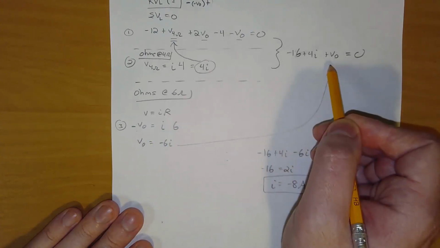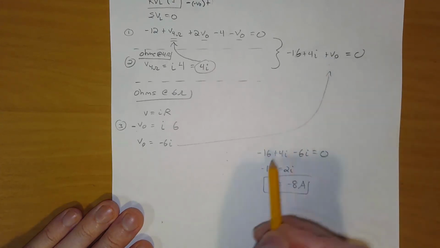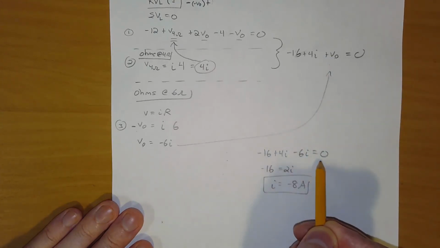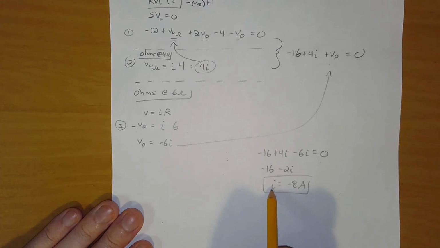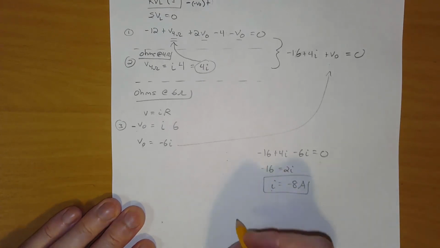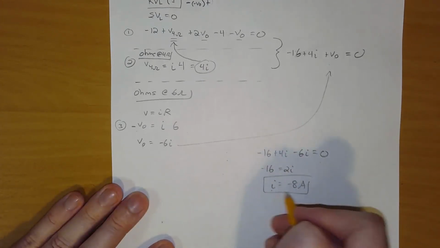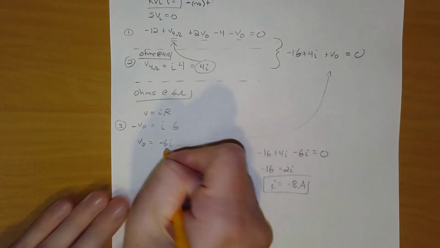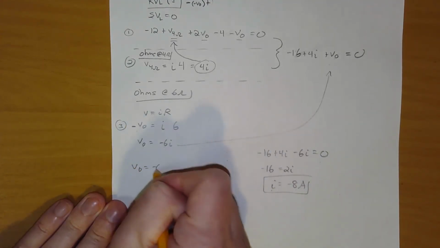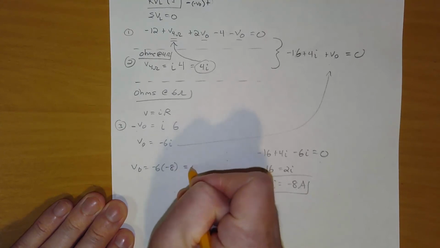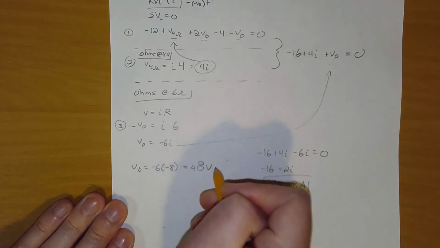Push that in there, which becomes this equation. Solve for I is negative 8 amps. And then you plug this negative 8 amps back into this equation, and you'll get V naught is equal to negative 6 times negative 8, which is 48 volts.